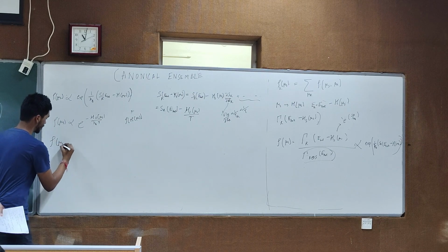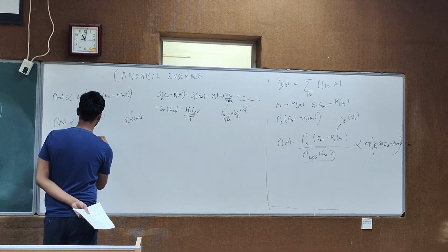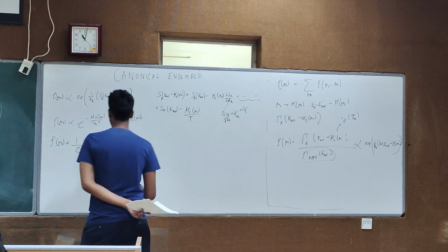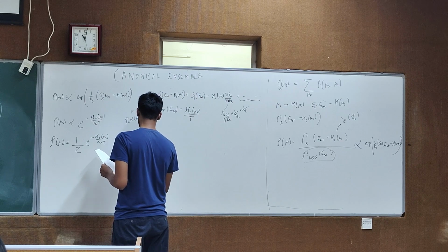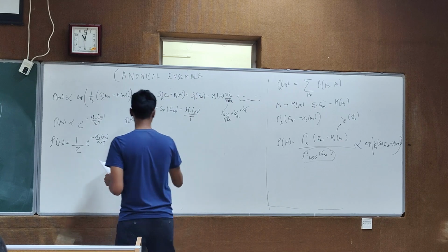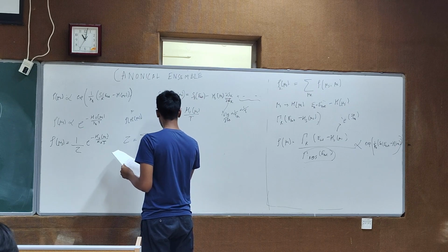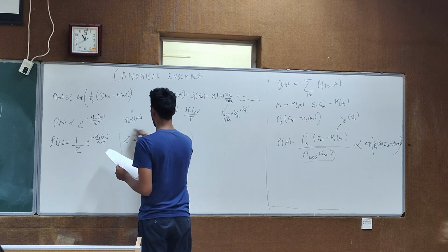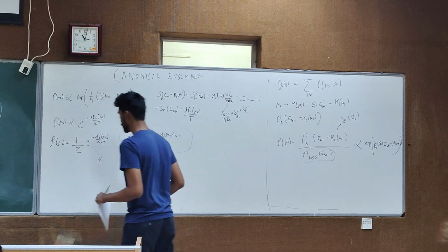So rho of mu s is basically 1 by Z times e power minus H S of mu s by kBT. And Z is basically the sum over all the microstates. This is the normalizing factor, and this is the probability distribution.